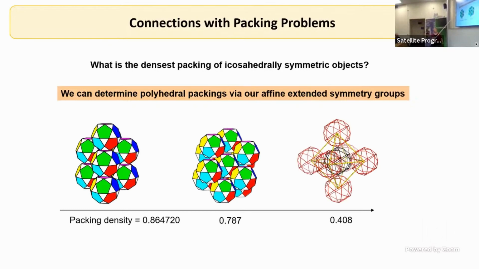So we went ahead and computed the packing densities for different arrangements. I'm not showing you all of them, just a couple that are relevant to the discussions we've had here. For the icosidodecahedron, the FCC projection is the densest packing we found, 0.864720. We have another packing, but that's not quite as good.